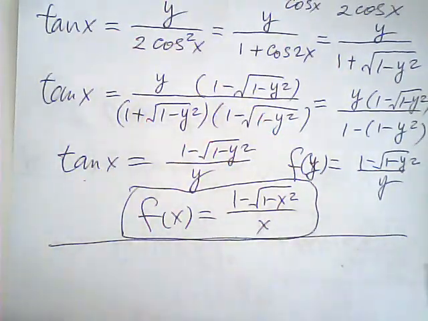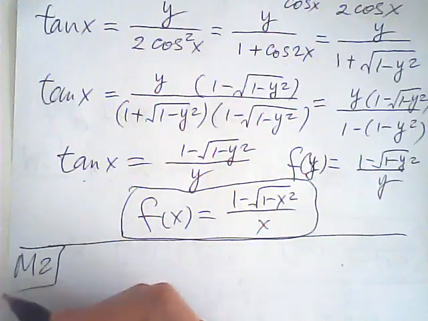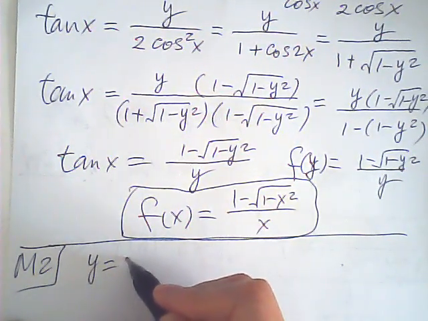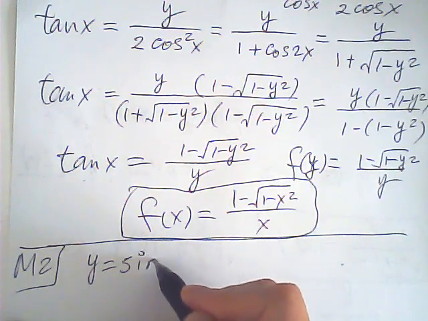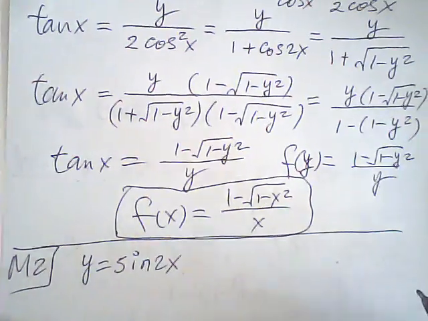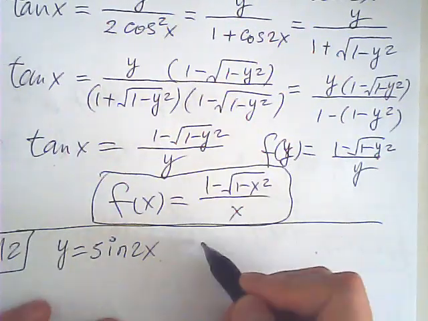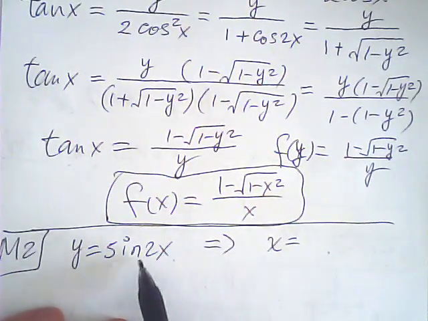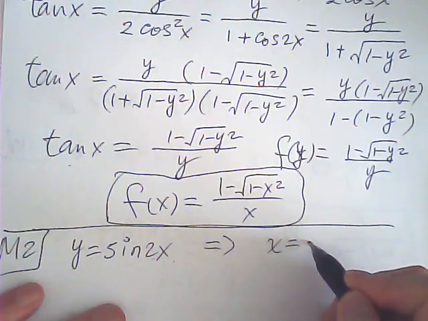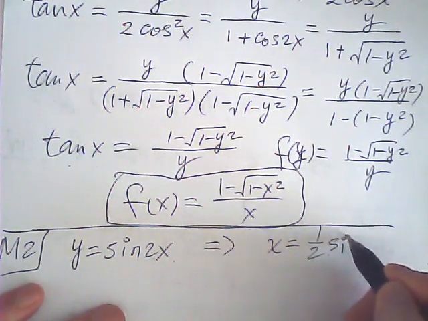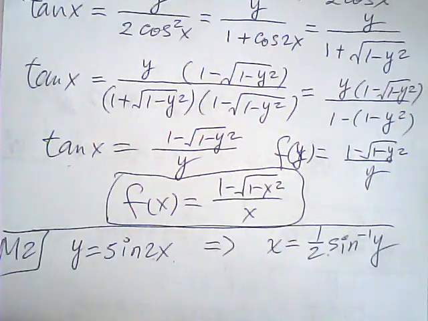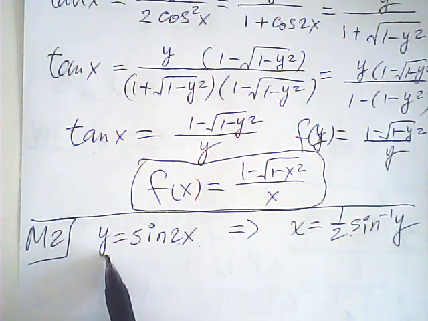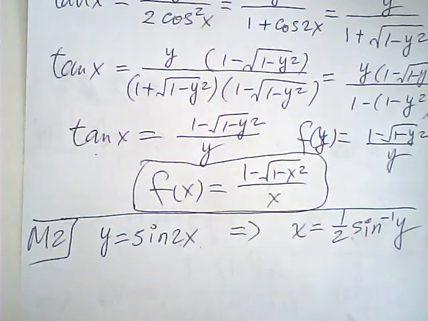Now, method 2, well, I'll let y be sine 2x. And then x is equal to what? x is equal to 1/2 of arc sine y. Yeah, 2x is arc sine y. x equals half of it. Yeah.